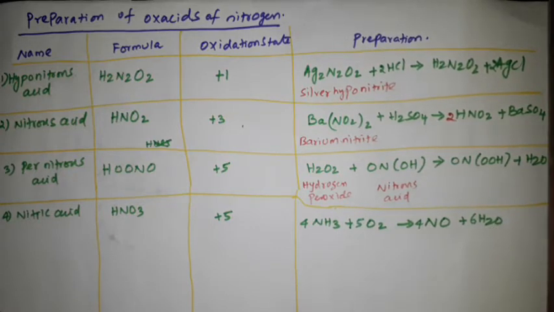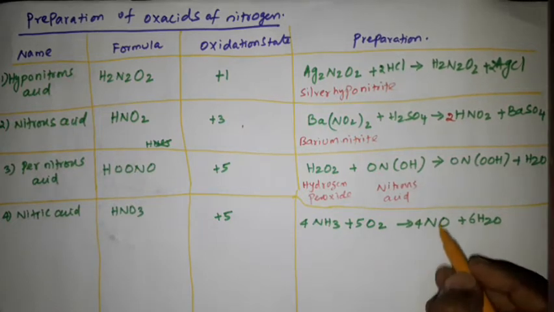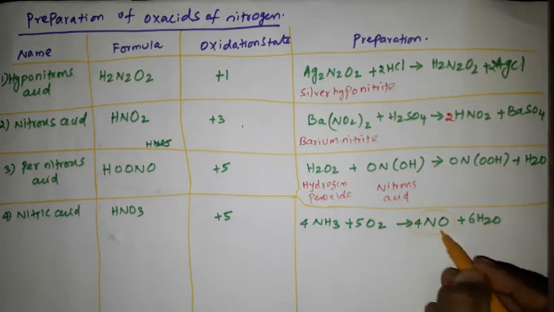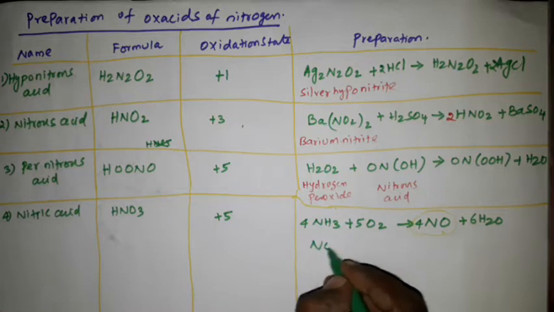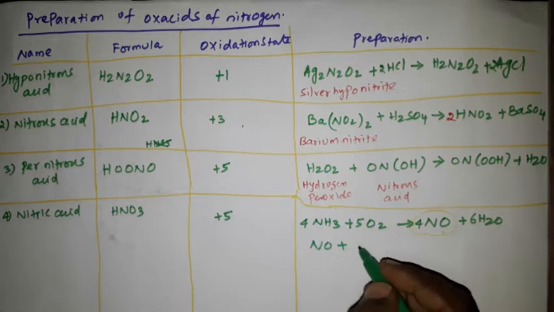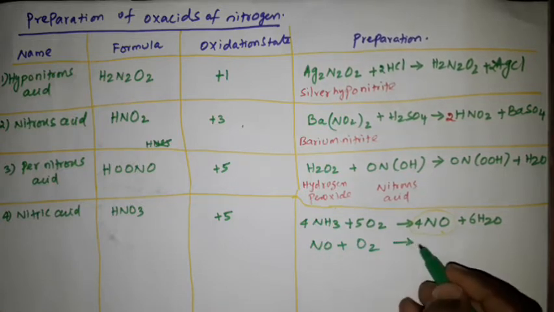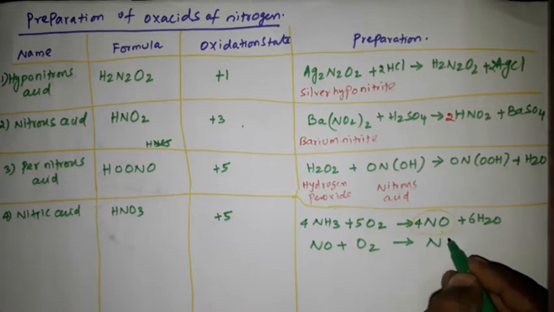Now check the equation, this is balanced. In the second step, take this NO, then NO plus oxygen, we will get NO2, nitrogen dioxide.